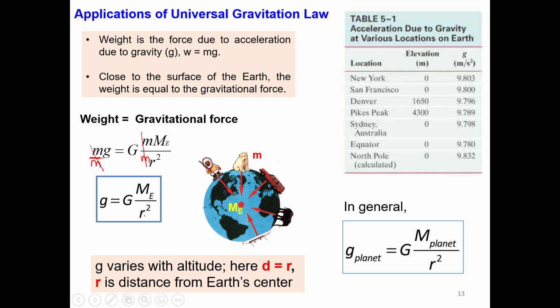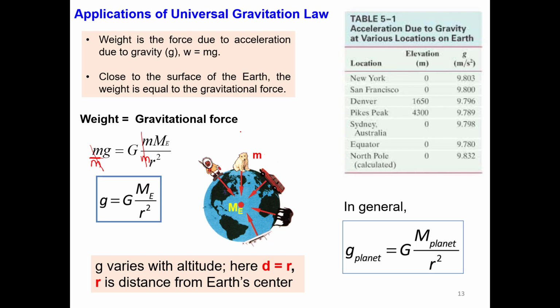Then we know if r is on the surface of the Earth, then the g value is 9.8 meters per second squared. But what happens if we want to calculate the g value, the acceleration of gravity, at twice the distance, twice the radius of the Earth, for example?